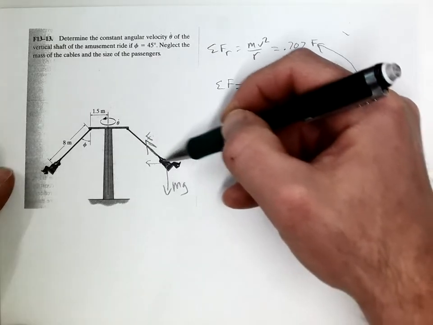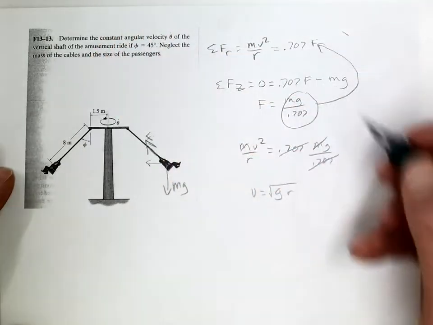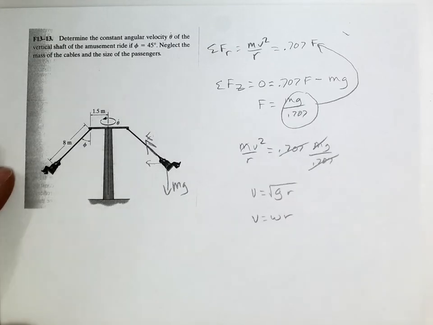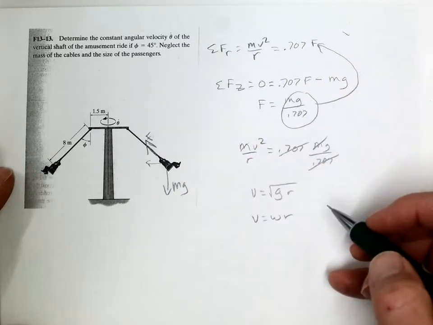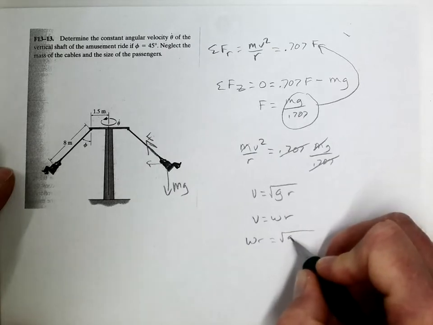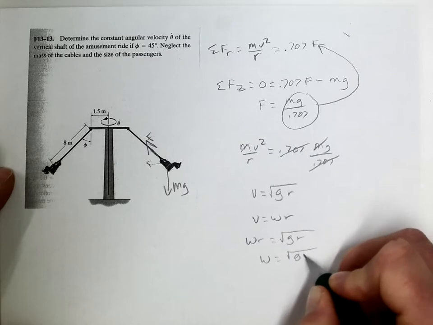Now the velocity at which it's going around, we can use the equation v equals omega r, because we want to find omega, which is the same thing as theta dot. So omega r equals the square root of gr. Omega equals the square root of gr over r.